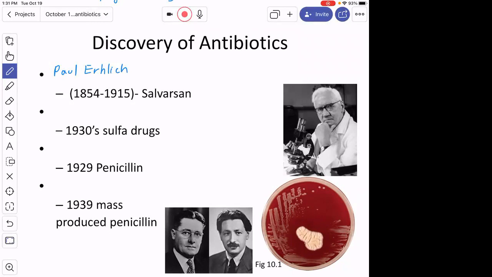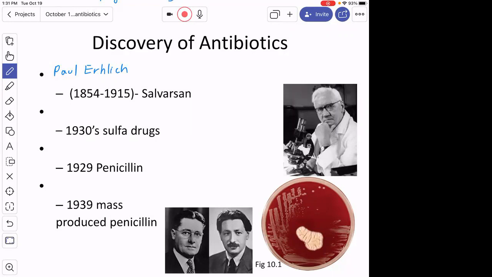And he was the first one to really think about treating disease. So he was trying to find a drug that was effective against the bacterium that caused syphilis. And so he very systematically was trying chemical after chemical. And he finally found one that had some spectrum against the syphilis bacterium.